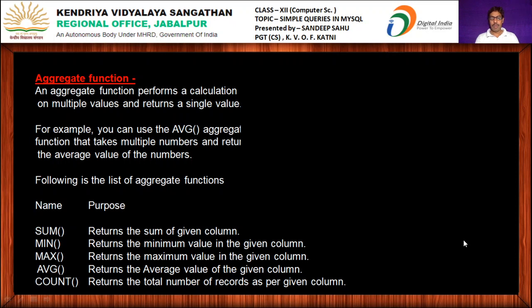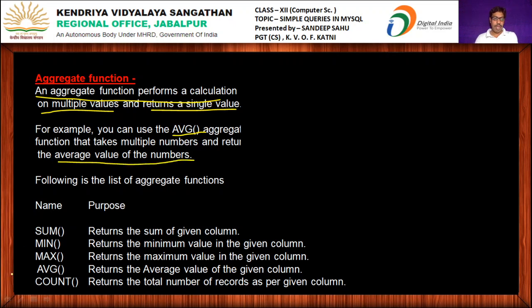Now let's talk about aggregate functions. Aggregate functions are functions that operate on multiple rows. An aggregate function performs a calculation on multiple values and returns a single value. For example, you can use the AVG aggregate function that takes multiple numbers and returns the average of the numbers.